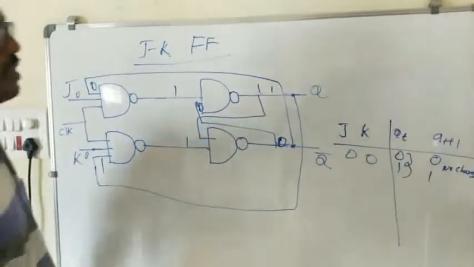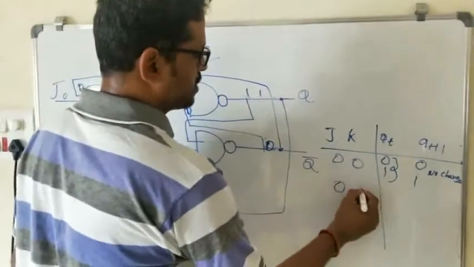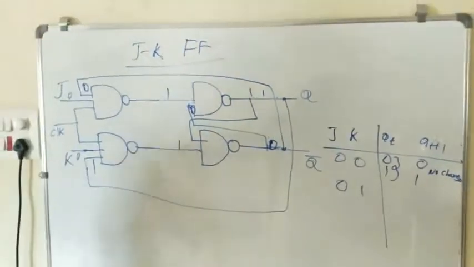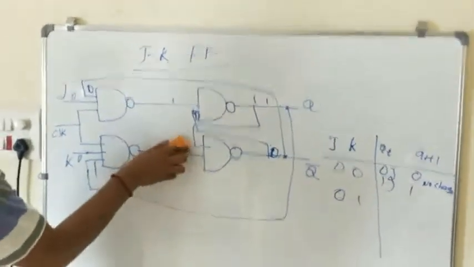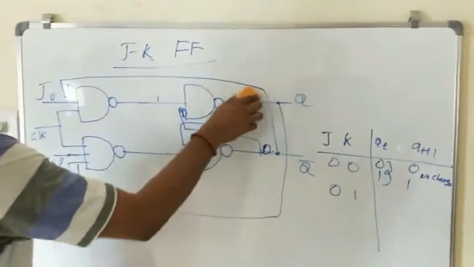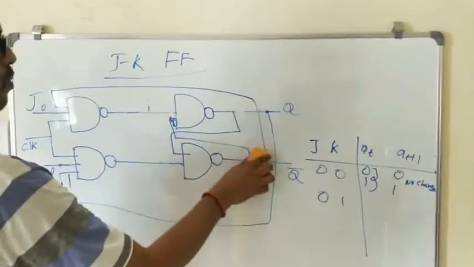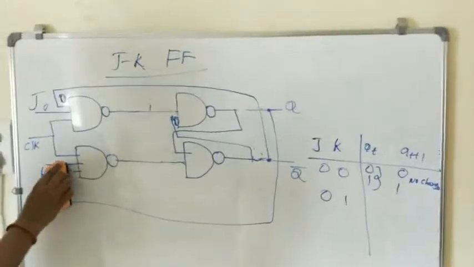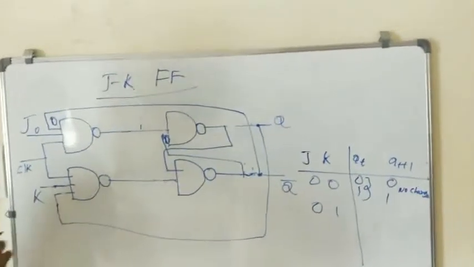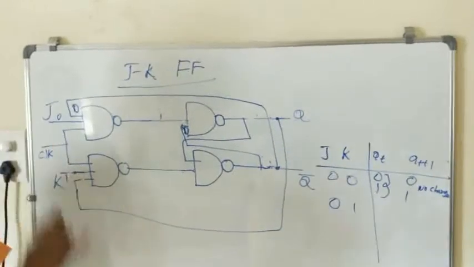Then now we will see what is happening when JK is 0, 1. When J is 0, K is 1.